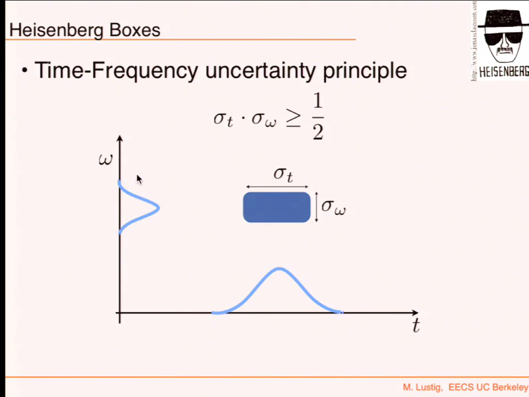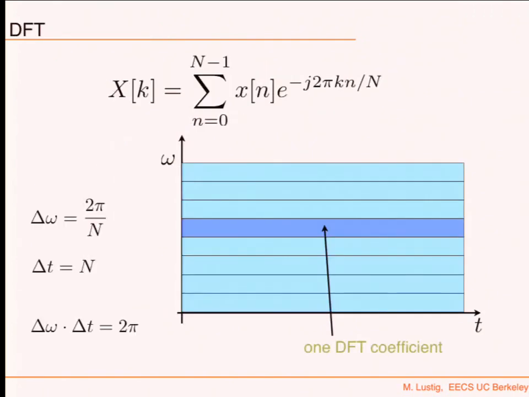So I'm going to have more uncertainty in the other dimension. Now let's translate it to the discrete case and look at the DFT coefficients. What does that mean? And where does the uncertainty play in there? And this is an analogy, okay? You can fight with me on the right coefficients, but this is an analogy.